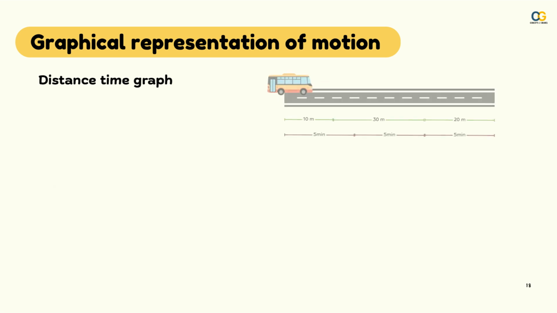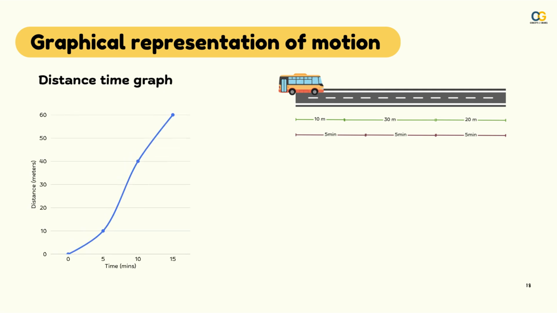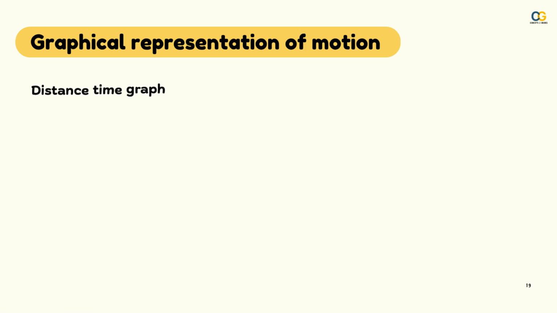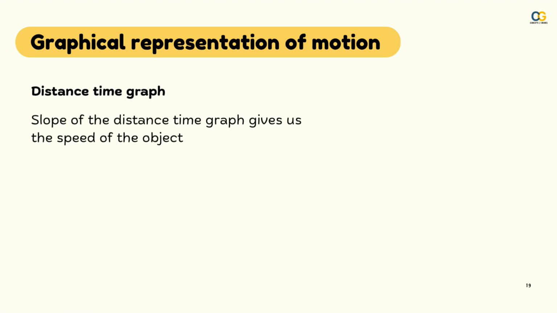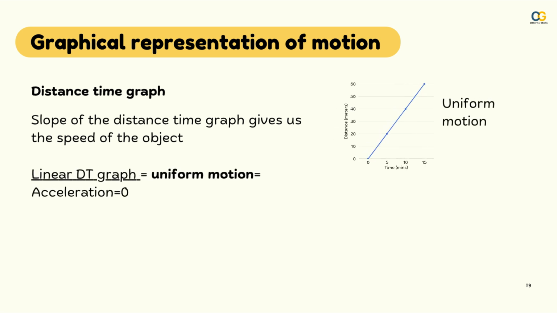Now what happens when the object is in non-uniform motion? Plotting the same example that we have taken in the form of a graph, it looks non-linear. So what we interpret from the distance time graph is, the slope of the distance time graph gives us the speed of the object. If the distance time graph is a linear straight line, then it is considered to be in uniform motion, where the acceleration is 0.